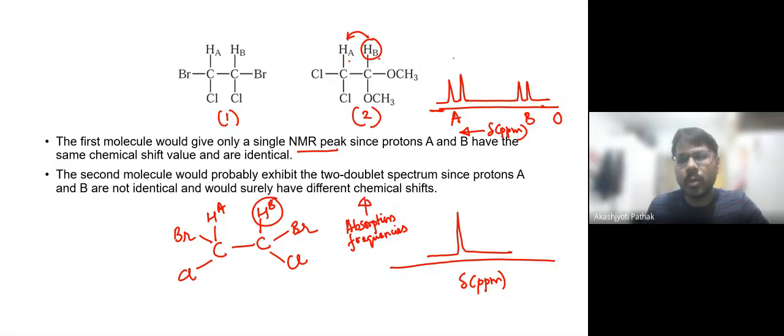So for this molecule, you will first of all get two different peaks for the two different protons, and the peaks will also be split into doublets, since proton A and B are not identical. A two-doublet spectrum will be observed.